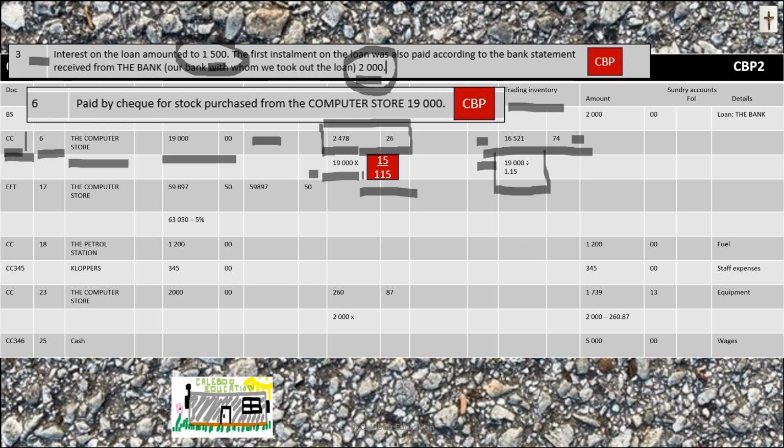Trading inventory has its own column because the purchase of stock should happen on a regular basis. Remember, if something happens every now and then, it appears under sundry. So they're the first two transactions for the month of February that were recorded in the Cashbook payments or cash payments journal.